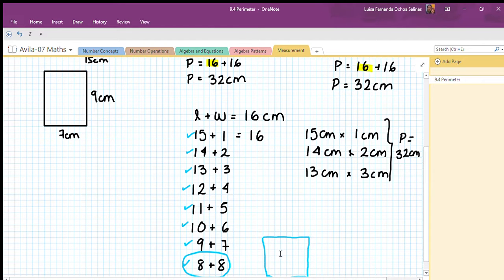So why is this one also counted? Because the square is a special case of a rectangle. What is the definition of a rectangle? A rectangle has 4 sides and 4 right angles. So the square also counts into this one. That's why we have 8 shapes. Thank you, girls, for watching.